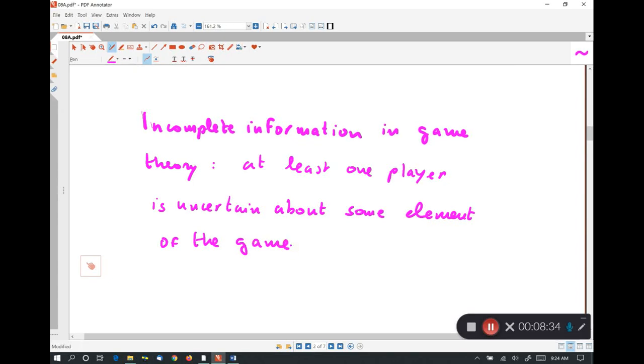Okay, so notice the difference between incomplete information and imperfect information. This is different from imperfect information.